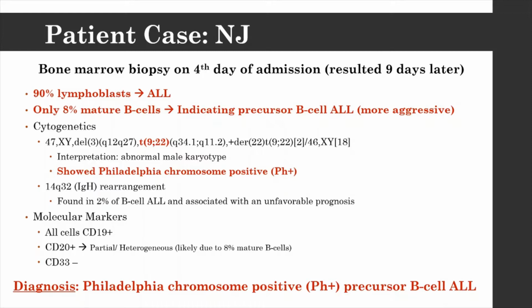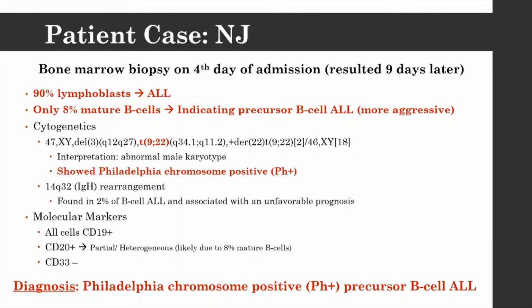His cytogenetic results are listed here, and it does just look like a mess, but I've highlighted the T9;22 mutation, which indicates he's Philadelphia chromosome positive. He also has this 14q32 rearrangement, which is found in a small percentage of B-cell ALL and is associated with an unfavorable prognosis.